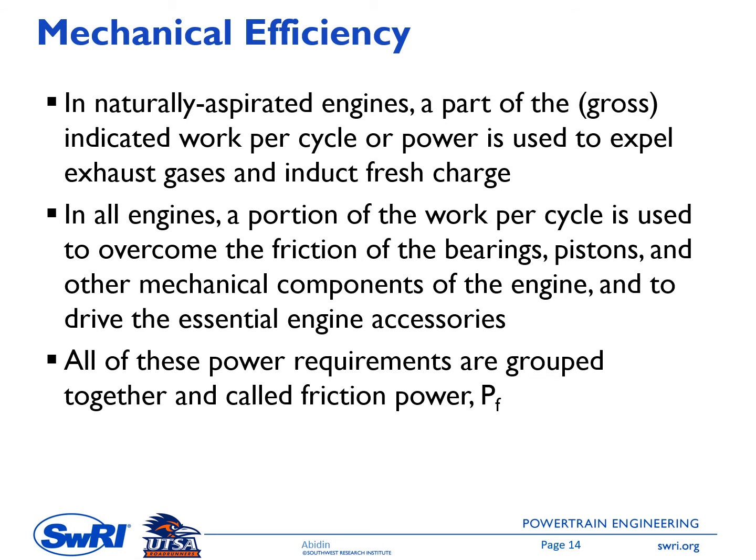Next one is mechanical efficiency in naturally aspirated engines. So a part of the indicated work per cycle or power here is used to expel exhaust gases and to induct a fresh charge. We also need work here to overcome friction of the bearing, piston, valve train, and so on, as well as the work to drive the essential engine accessories, so fuel pump, fan, and so on.